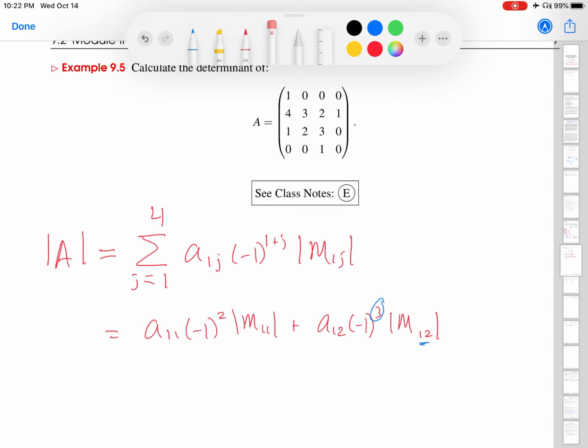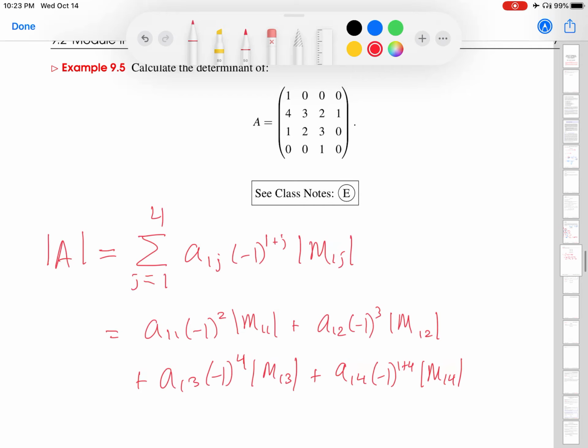So that makes life a little easier. Plus a13 times minus 1 to the 4th, determinant m13, plus a14 times minus 1 to the 1 plus 4, determinant m14.